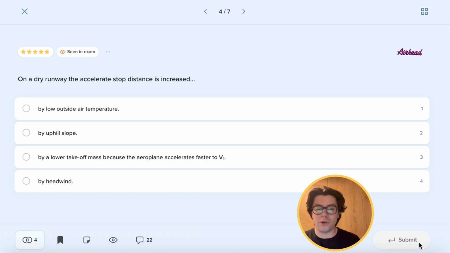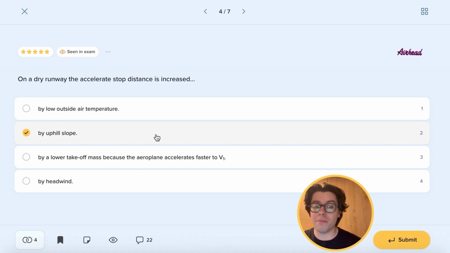However, remember that your accelerate stop distance will actually increase if conditions are not favorable for you when it comes to the takeoff. In this case, there are three answers here that give you better performance and are favorable, and there is one that actually slows down your acceleration, meaning that you will reach your V1 speed at a later moment.